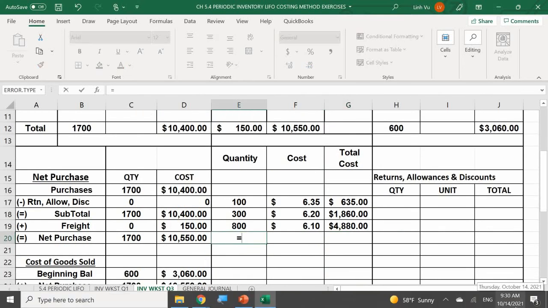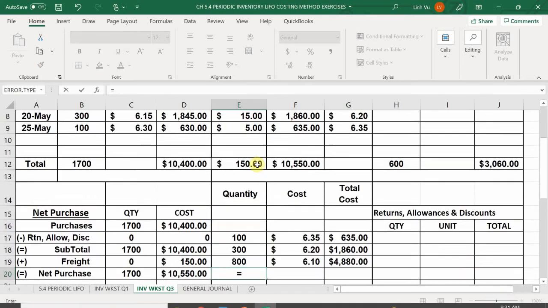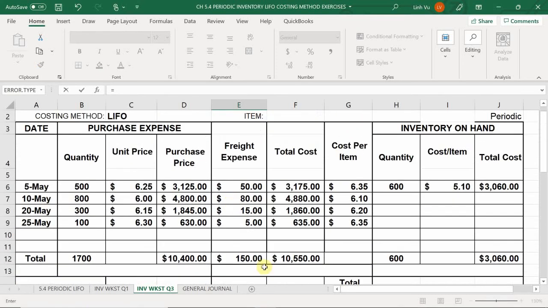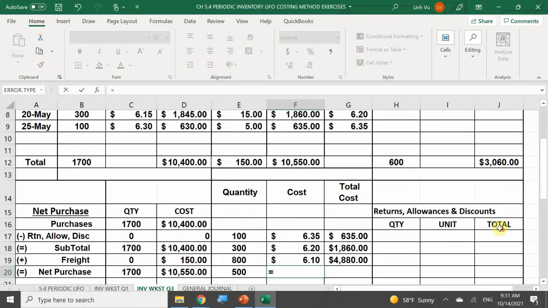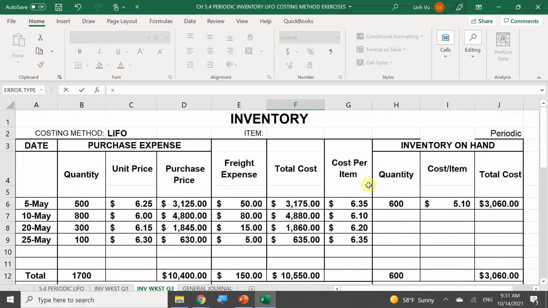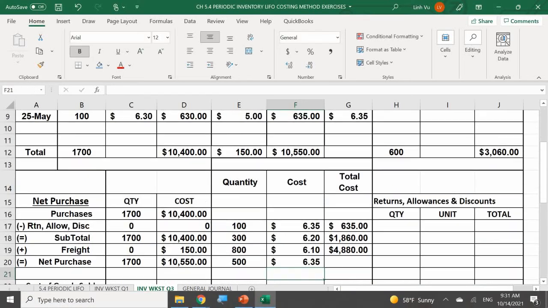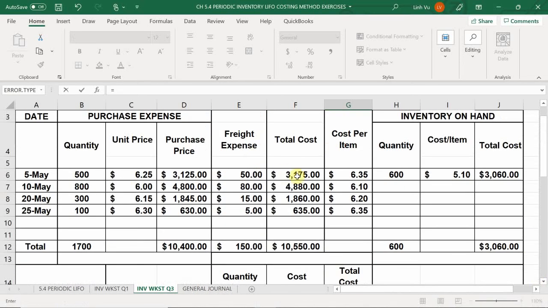So which batch of inventory are we going to sell out next? May 5th, 500. The May 5th 500, okay? Which we're going to take the whole thing, right? Because we need 700.